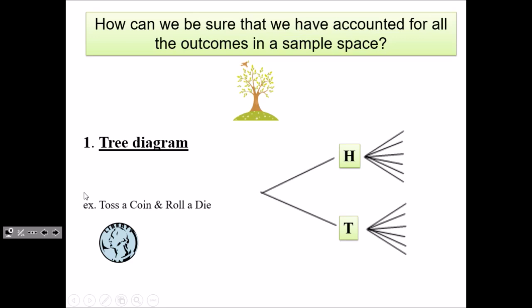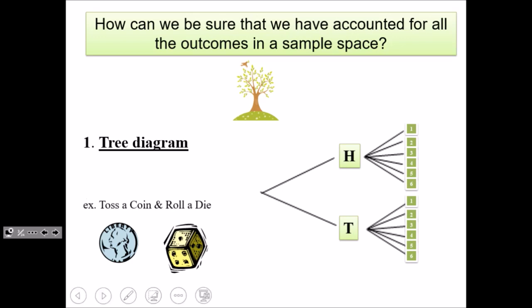Same thing on tails. I could get tails and then followed by 1 through 6. By completing my tree diagram, I can follow the branches and make sure I've accounted for all the possible outcomes. By doing my tree, every decision has a certain number of outcomes, and on each decision I've listed them. So I can make sure all of the possible outcomes have been accounted for.